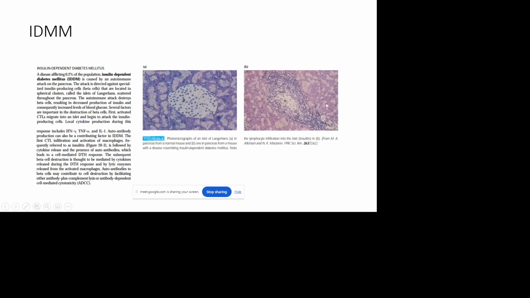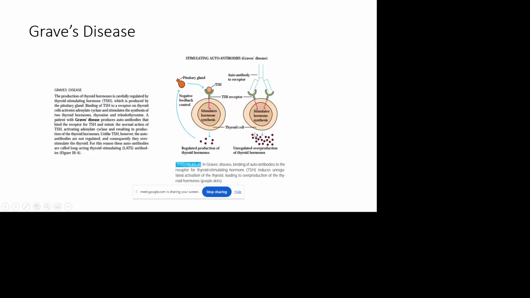So this autoimmune attack, this lymphocyte infiltration, destroys the beta cells, which leads to decreased production of insulin, right? Now if you want to induce this in normal mice, how will you do it?